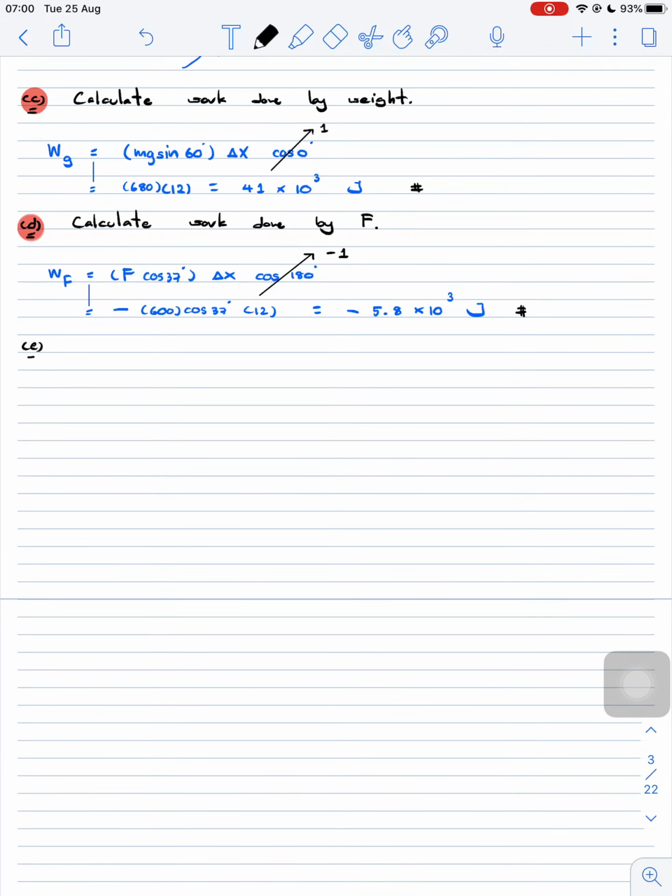For part E, let's calculate the work done by the Fk, by the kinetic friction.